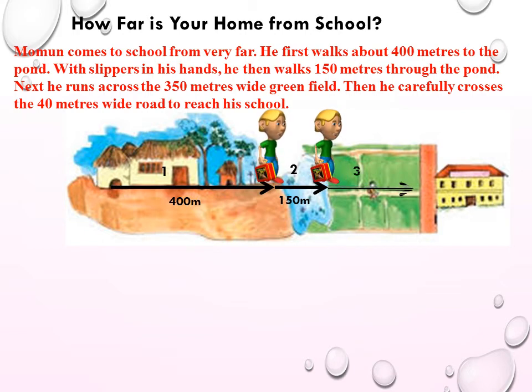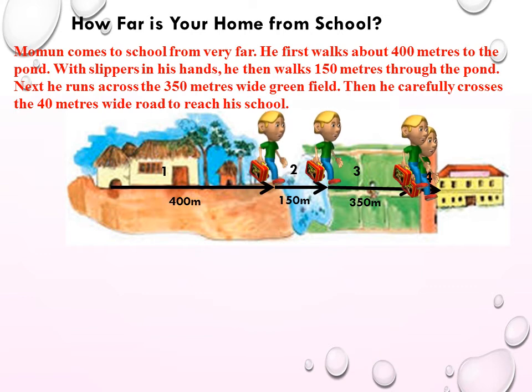Next, across the wide green field, he runs 350 meters. This is the green field. Next, the fourth stage, he carefully crosses the 40 meter wide road to reach his school.